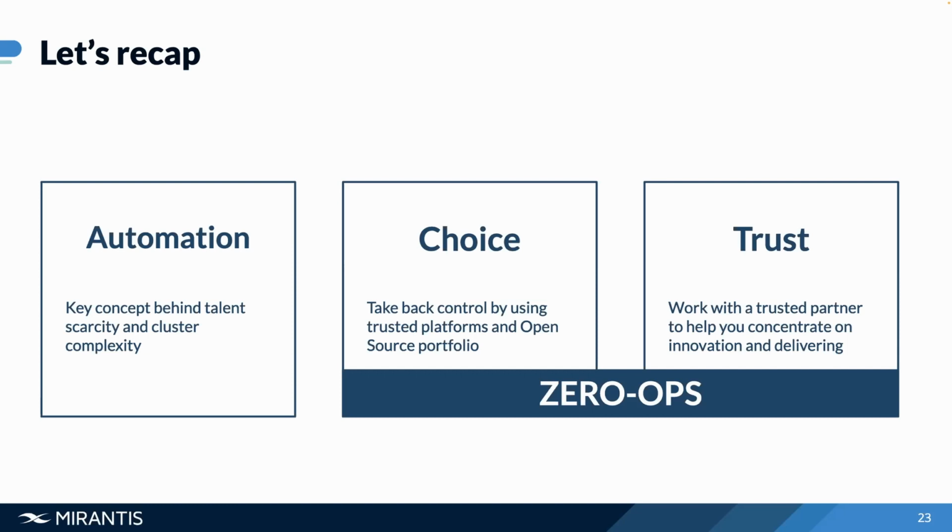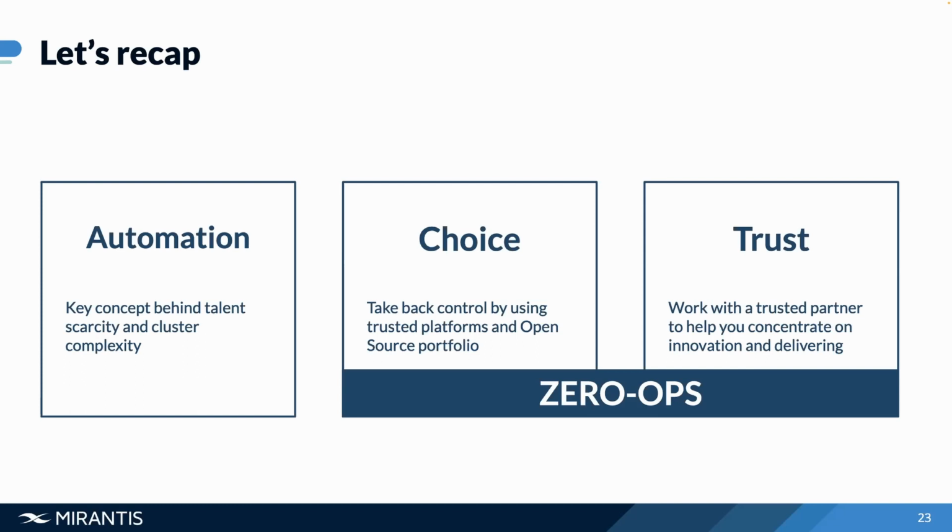Give back choice, to use the proper solution based on your use cases. Select the proper open source components, select the trusted platforms, select the operating system and Kubernetes distribution, right? Again, based on your use cases.